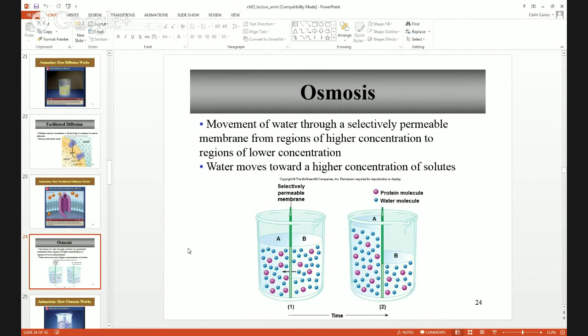The A side is more dense with solutes, higher concentration. So water will leave the B side and cross the membrane into the A side. And the water will increase on the A side to match the concentration of solutes. It'll decrease on the B side to match the same concentration of solutes. So A and B will have the same concentration.